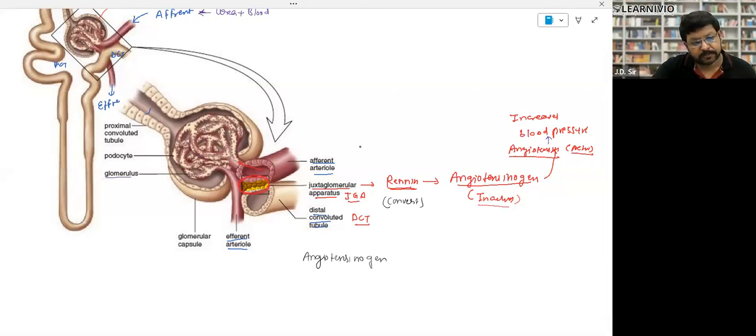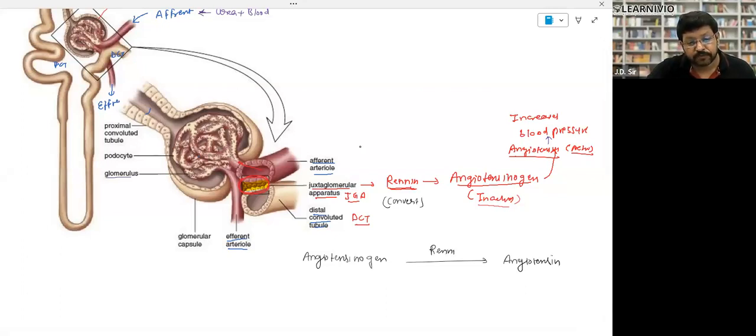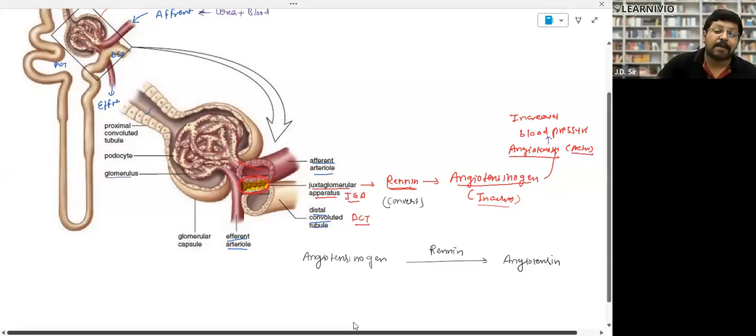Angiotensinogen into angiotensin, which is found in our blood.